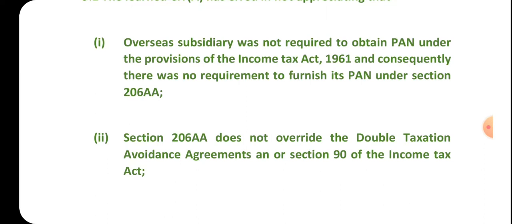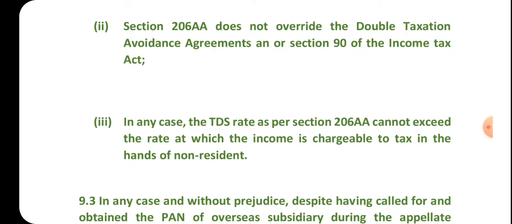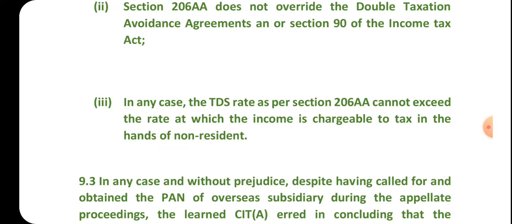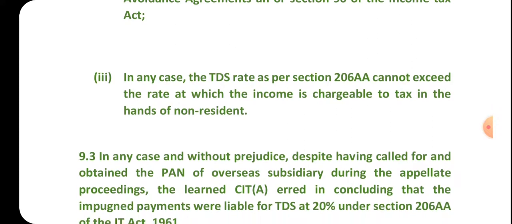And section 206AA does not override the double taxation avoidance agreement or section 90 of the Income Tax Act, or in any case the TDS rate as per section 206AA cannot exceed the rate at which the income is chargeable to tax in the hands of the non-resident.